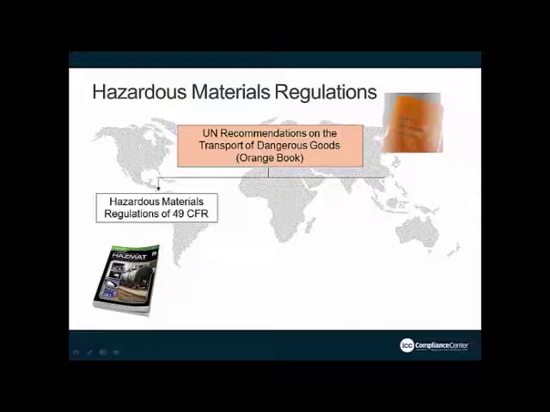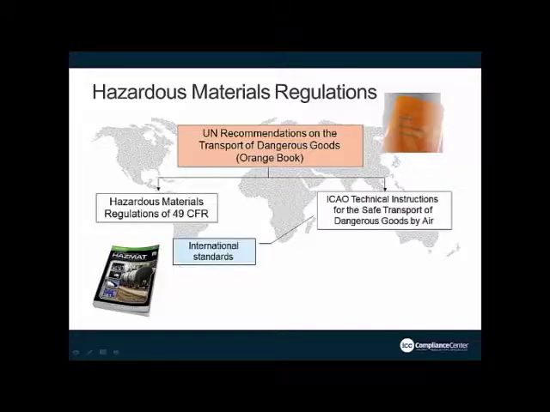The DOT allows shippers to use the hazardous materials regulations for domestic shipment, but international air shipments must comply with the ICAO technical instructions for the safe transport of dangerous goods by air, usually called just the technical instructions, or TI for short.